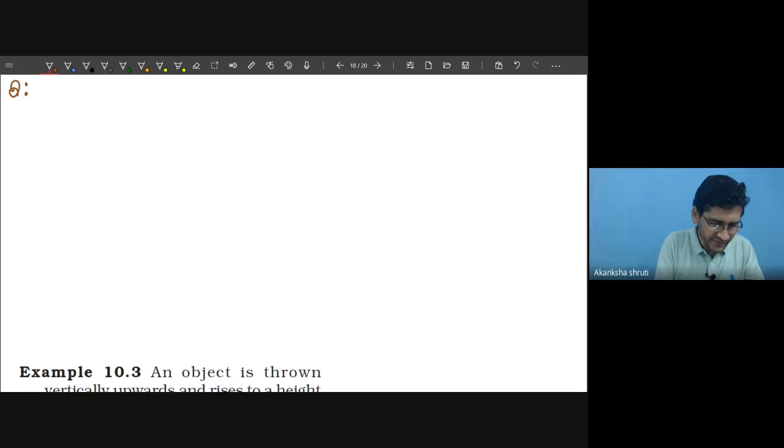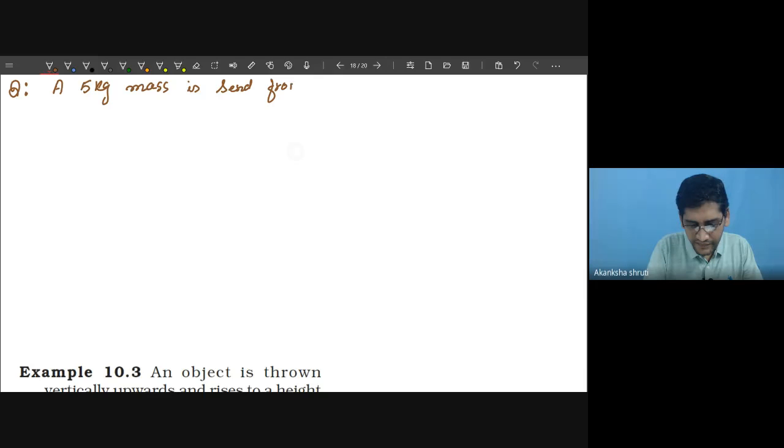Write: a 5 kg mass is sent from earth to moon.